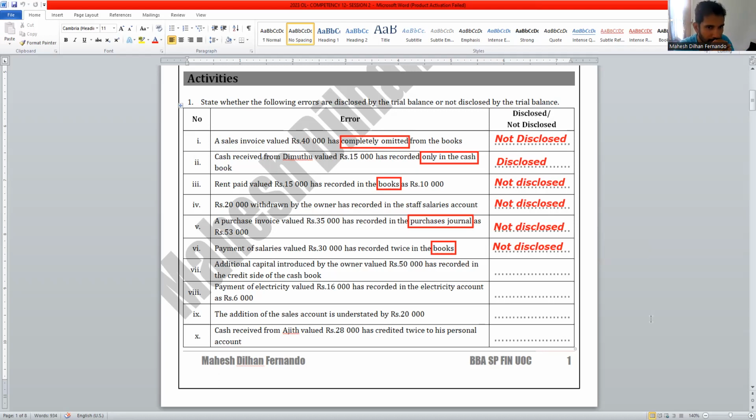But what we have done is credit the capital account, and instead of debiting the cash, it is credited. So we have not recorded the debit entry. This one is definitely disclosed.